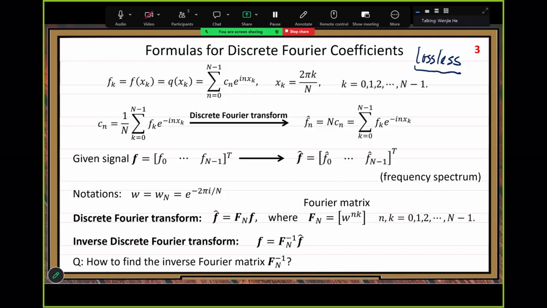So for this kind of lossless transformation, sometimes you need to change, sometimes you do not change. Actually, most of the time you need to manipulate your data in the different domain, the frequency domain. So you need to change it. If you do not do any change, think about what's the point. You cannot get anything new, right?